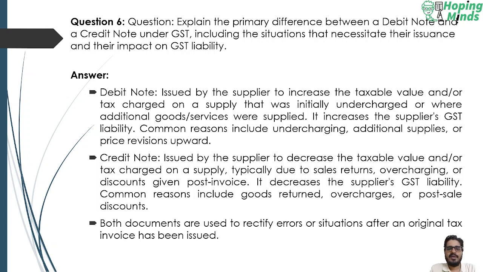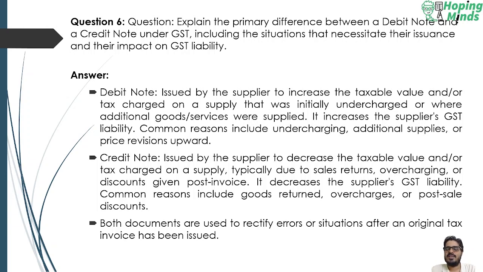So to understand a credit note, suppose a seller sells goods for rupees 100 to the recipient and charges GST on this amount. After the sale invoice has been raised, the recipient of goods returns goods valuing rupees 20.